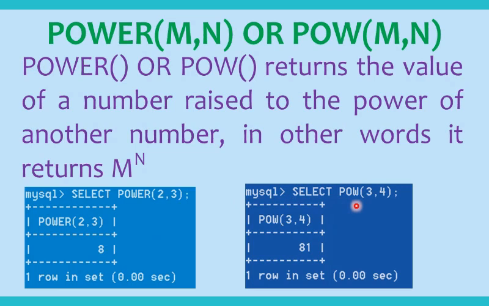Select POW 3, 4. It means the output should be 3 raised to power 4, means 3 into 3 into 3 into 3, 81. So the output comes 81.